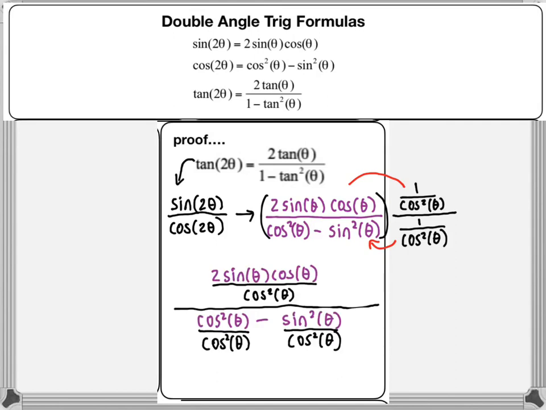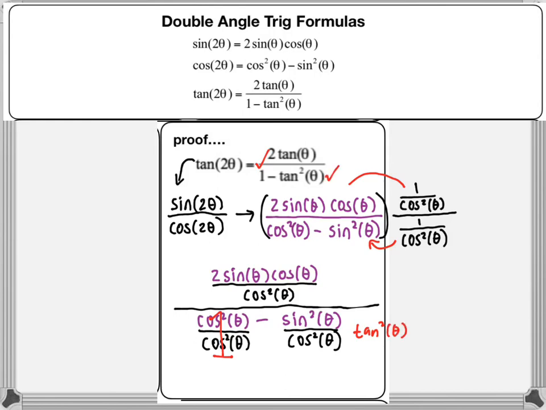Okay, so with this all distributed in, we can see how this might fall apart a little bit. Let's take a look at the denominator first. We get cosine squared divided by cosine squared, which is 1, which is good because it takes care of that guy. We got sine squared over cosine squared, which is going to give us tangent squared theta, which is over here.